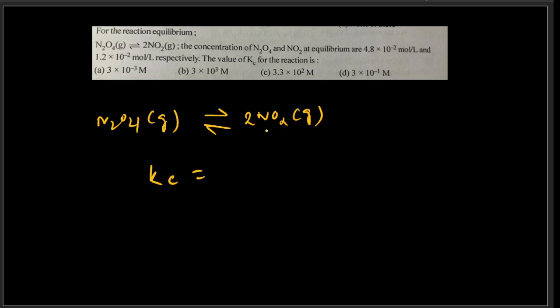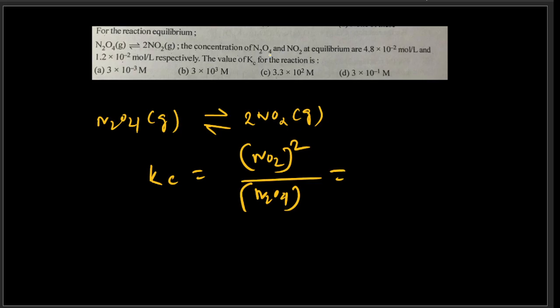Another question regarding the law of mass action: N2O4 gas is going to convert to NO2 gas, and the concentrations of N2O4 and NO2 at equilibrium are given respectively. Find the value of Kc. So Kc is equal to the concentration of product, that is NO2, with the coefficient as power, divided by the reactant N2O4.